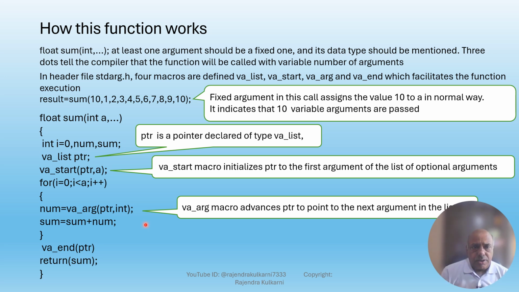So in this way the function works. The first argument, which is always a fixed type of argument, is passed to the function when the function is defined, into a variable declared in the function call.